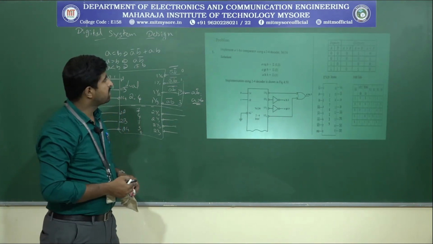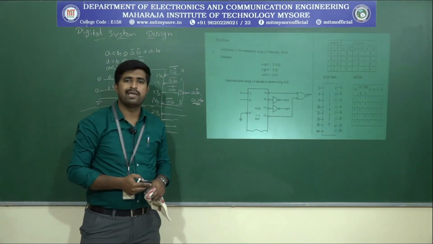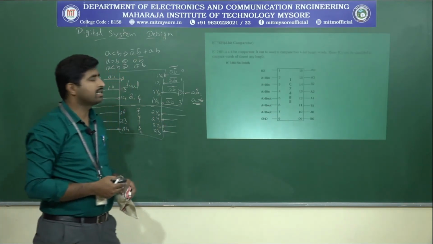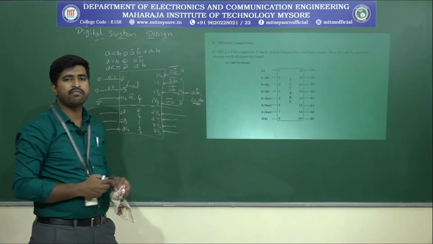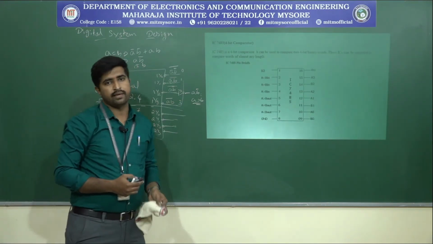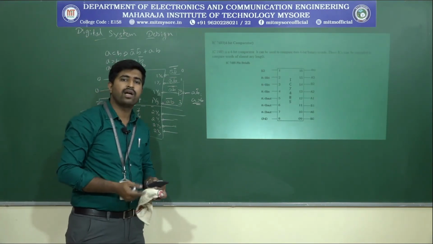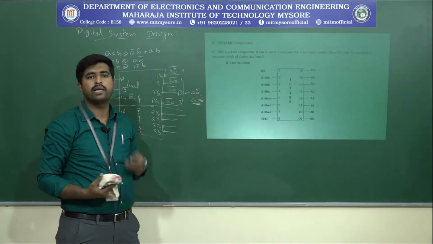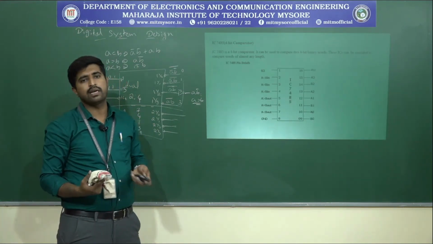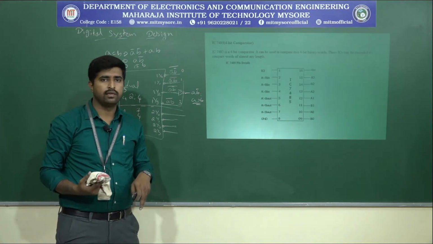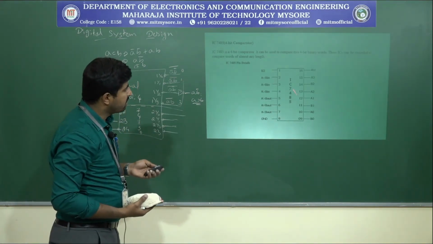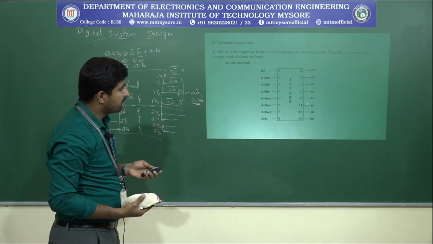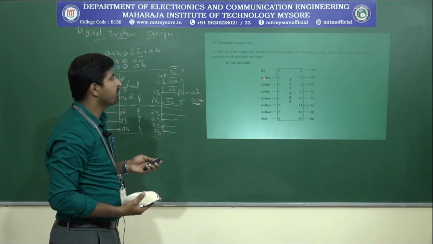Next, comparators are also available as an integrated circuit. The integrated circuit is 7485. So 7485 is a 4-bit comparator. That means you are going to have 8 inputs, corresponding to A0 to A3 and similarly B0 to B3. So this is the pin diagram of the 7485, which has A0, B0, A1, B1, A2, B2, A3, B3.